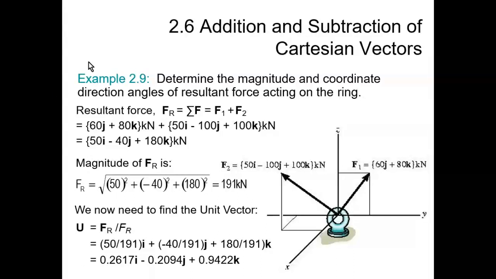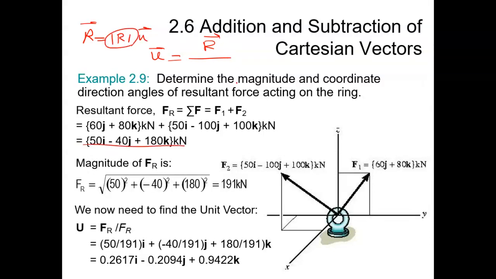So in other words, any vector r is equal to the magnitude of r multiplied by the unit vector, right? So how do I find the unit vector? Simply, this is the child, the vector here. I have to divide this by the magnitude of the vector. And what is the magnitude of that one?